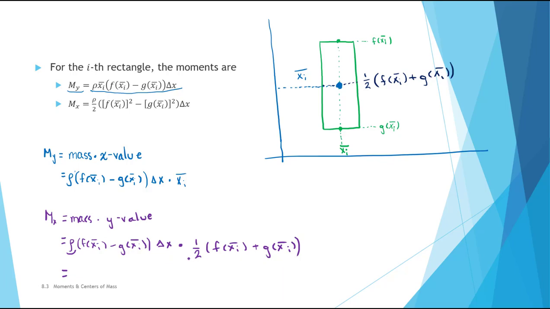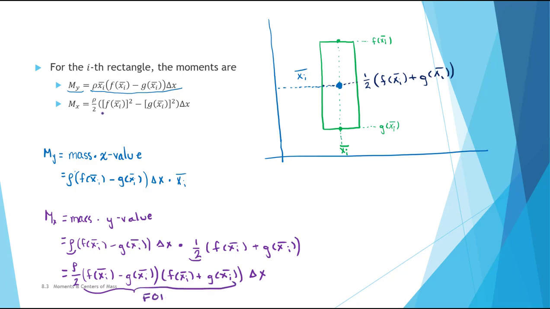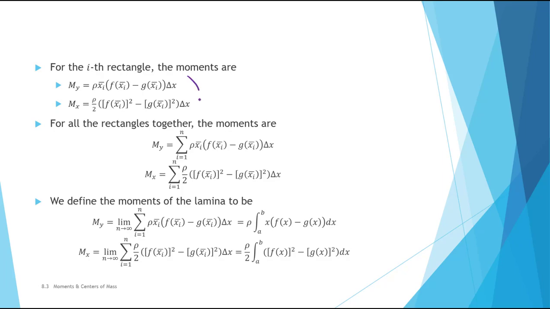Putting this together, we have a factor of rho and a factor of 1/2 that we can write as rho divided by 2. Then we have f of xi bar minus g of xi bar, f of xi bar plus g of xi bar, and then a factor of delta x. Now take those two, FOIL them, and you end up with f of xi bar squared minus g of xi bar squared.